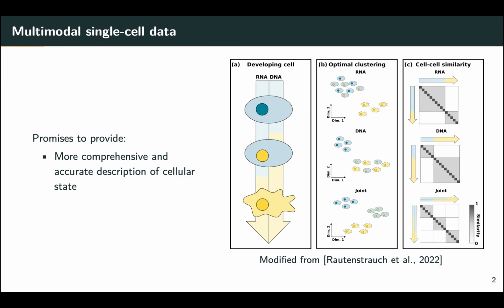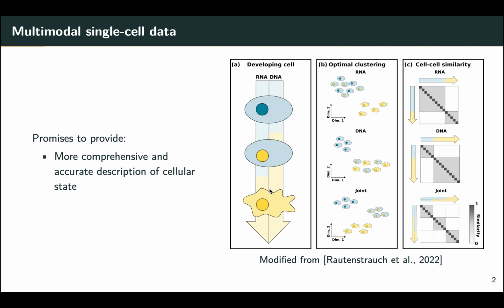A major reason for the sustained interest in such data is that it promises to provide a more comprehensive and accurate description of cellular state. And I brought along a biological example for a situation where this joint modeling can actually be beneficial.